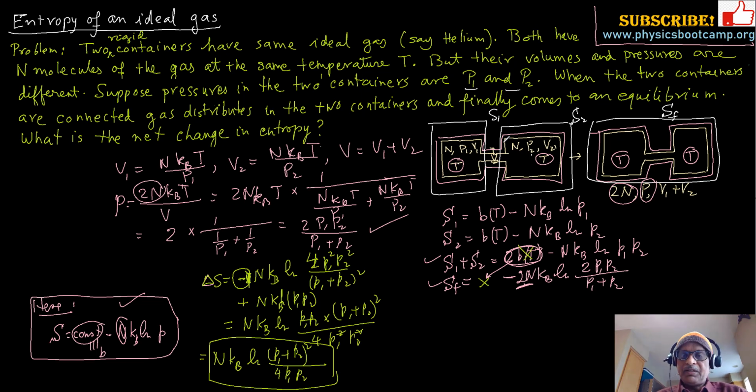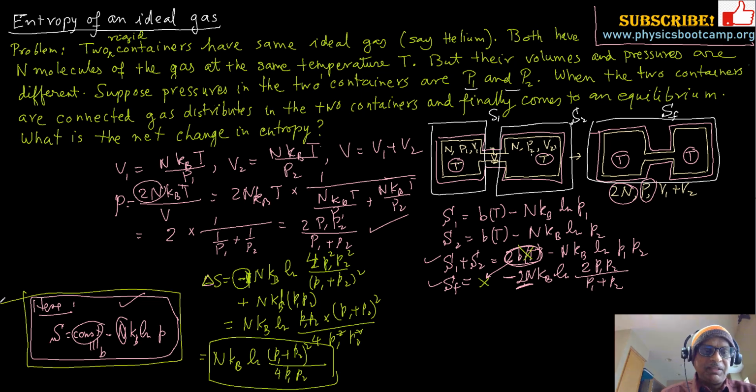Okay, I know this is a complicated-looking problem, it looks like too many things going on here, but the most important thing that took place was the derivation of this formula for a single ideal gas at temperature T, at pressure P, with N molecules.